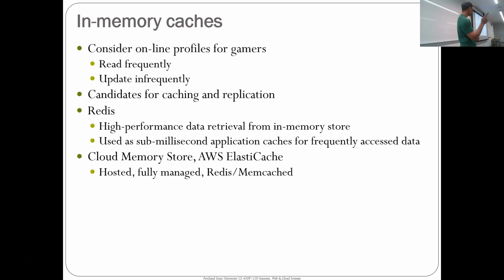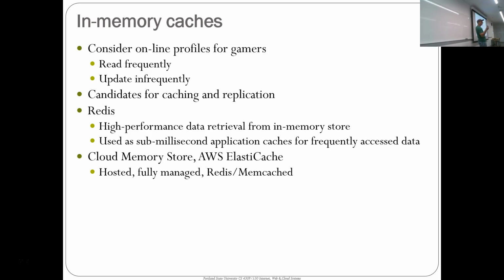And in fact, when we talked about the load balancing and how you wanted to keep the cookies in order to avoid the SSL state, so to avoid the handshake, I showed you a picture of Elasticache, which is this in-memory data store. That's basically what this is, Cloud Memory Store. So some other names, Redis is the sort of the open source version of this. And what it does is takes simple key value data and it tries to load all of it into memory.